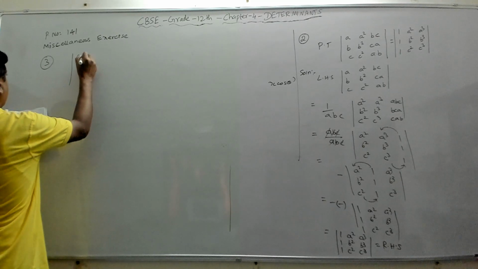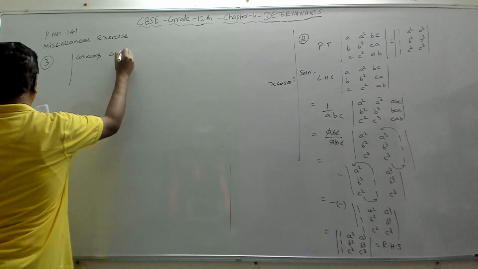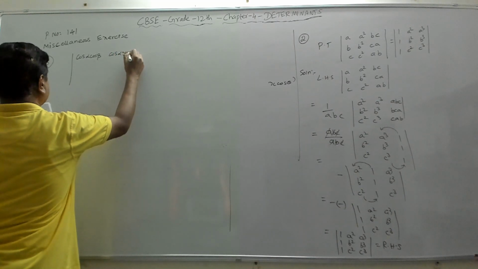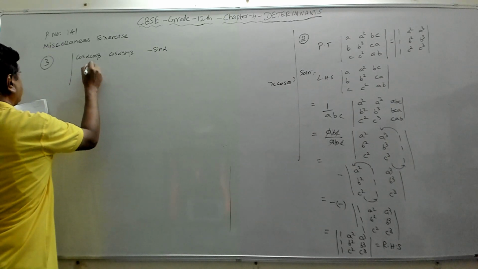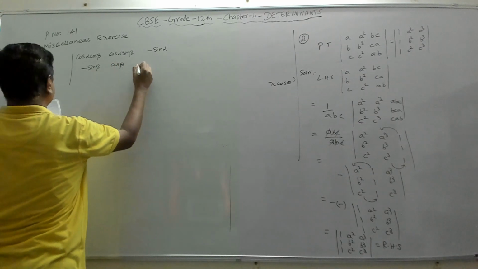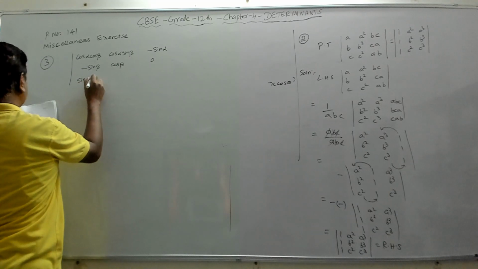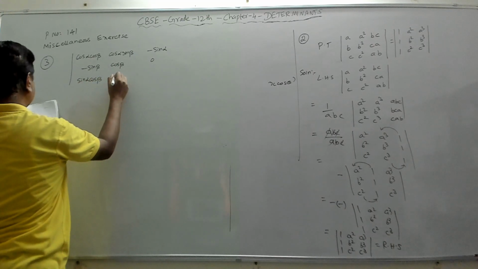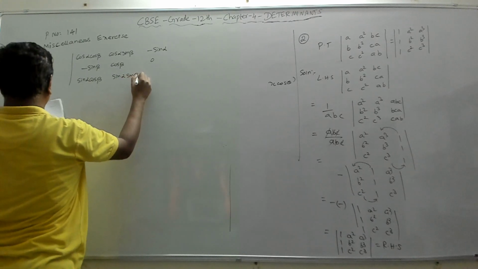Evaluate: cos alpha cos beta, cos alpha sin beta, minus sin alpha; minus sin beta, cos beta, 0; sin alpha cos beta, sin alpha sin beta, cos alpha.